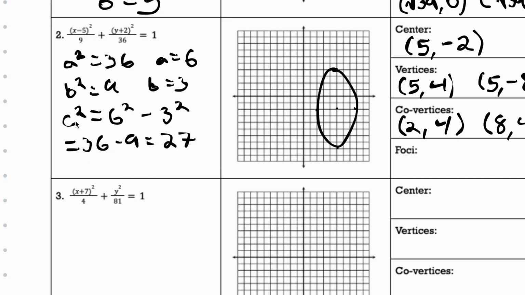And so if c squared equals 27, c is going to equal root 27. And we can simplify that by saying that's 3 root 3.